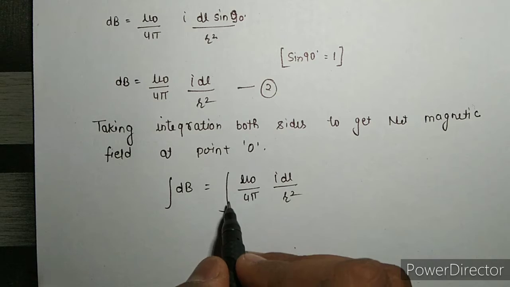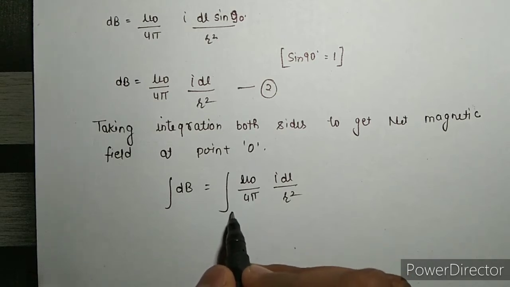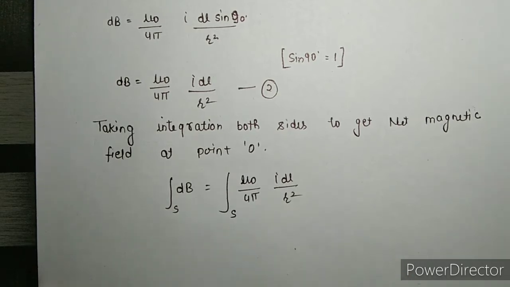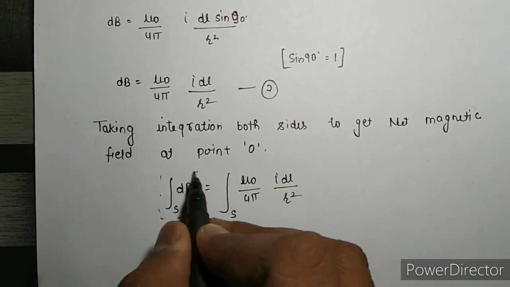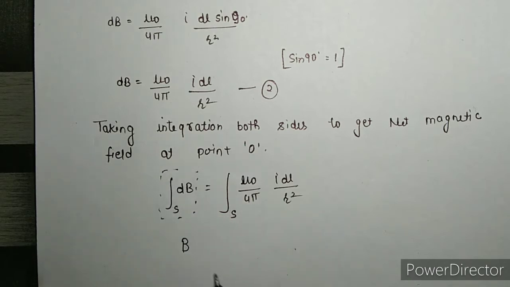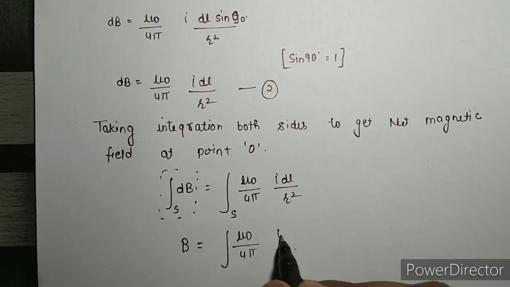and we should integrate over the closed total surface. So surface integration I am taking here, and we know that this situation makes the total magnetic field. So the total magnetic field is equal to the integral of mu naught upon 4 pi I dl upon r square.